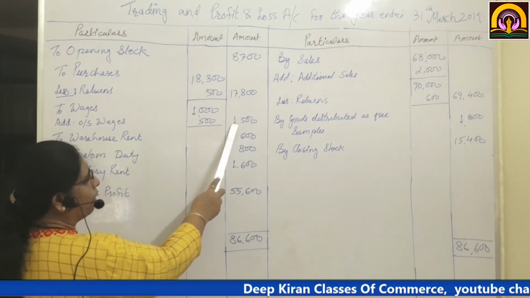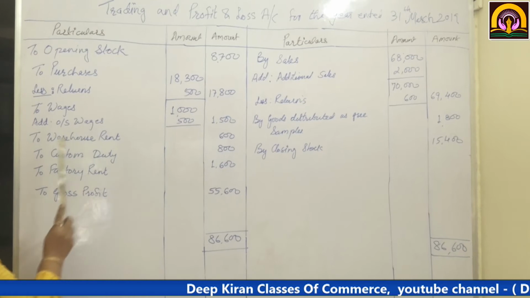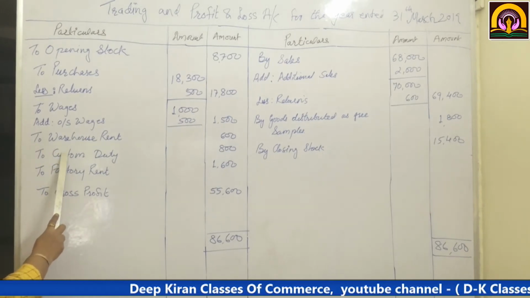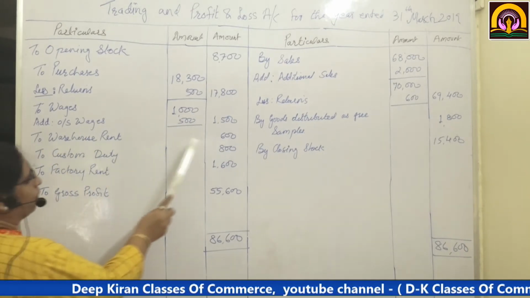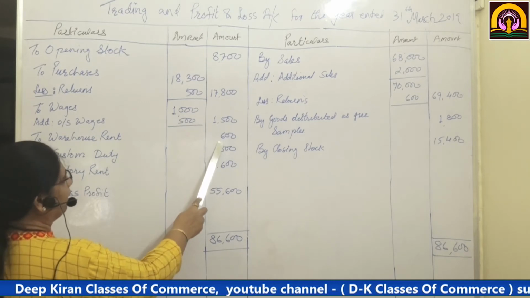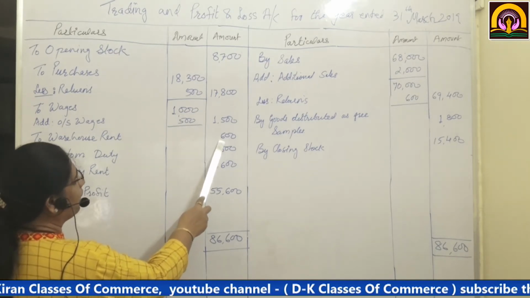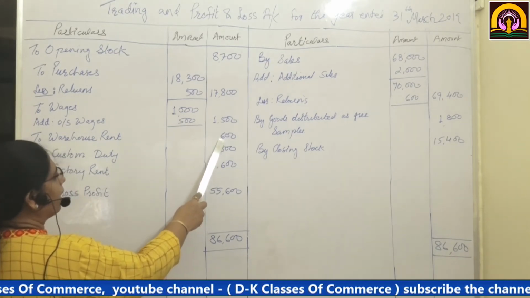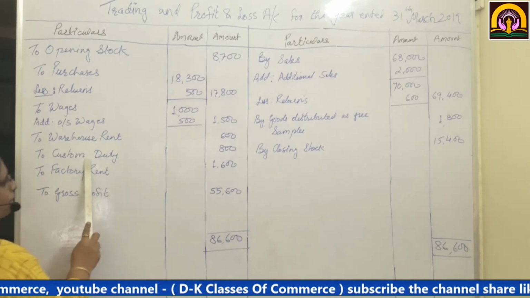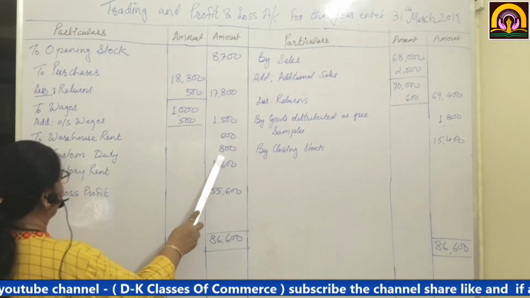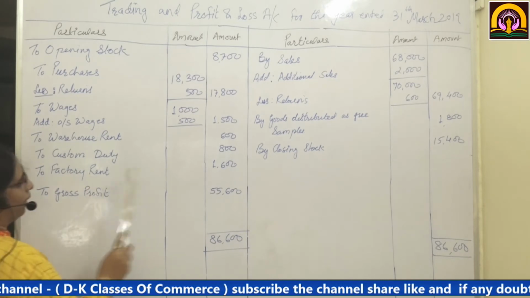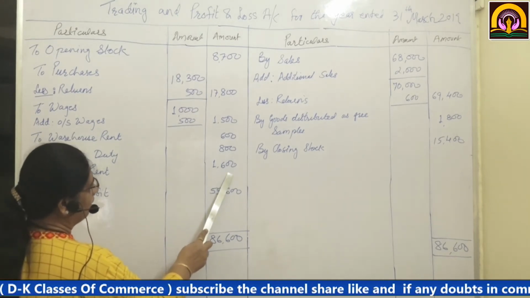So outer column 1,500. To warehouse rent, it is a direct expense and does not have any adjustment, so we write it in the outer column, 600. To custom duties 800. To factory rent 1,600.